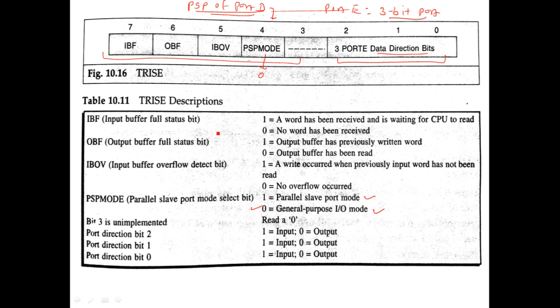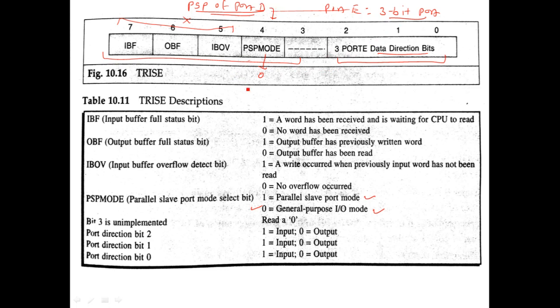In that case, these 3 bits will be don't care bits. These bits will not be used, and your TRIS-E register will be used only for setting the data direction for port E. If this bit is 0, the other bits are don't care bits, there is no relevance of that. Port E will work as an I/O port, and port D will also work as a general purpose I/O port.